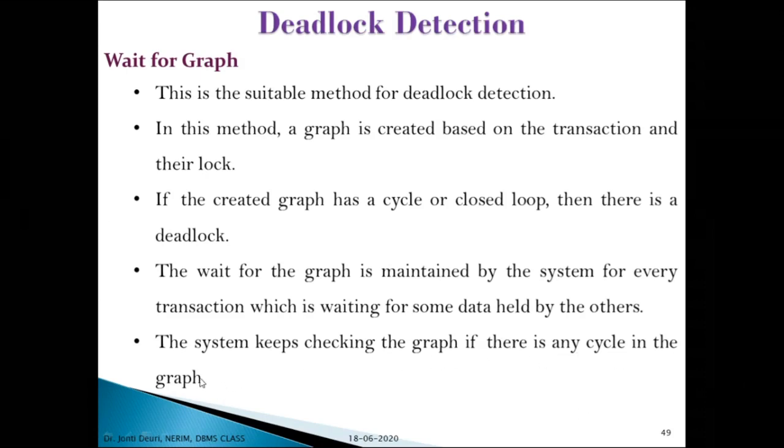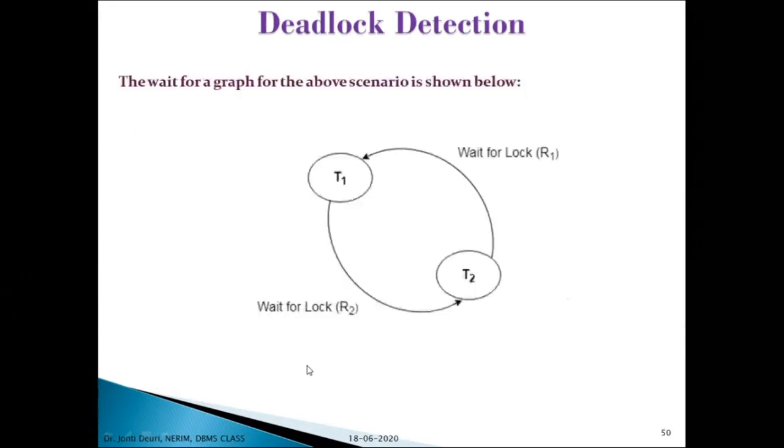If the graph is now cycle-free, then they can continue, and the deadlock may be over. But if there is a cycle, then it will create a deadlock. So the system has to check frequently whether the graph has a cycle or not.